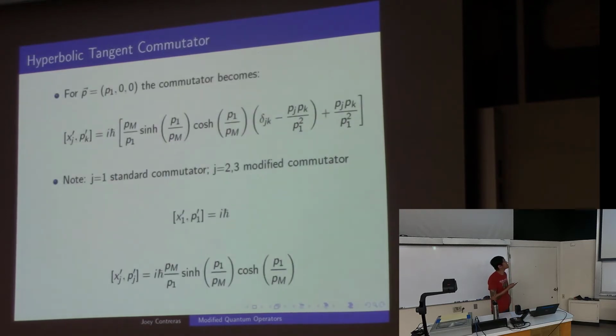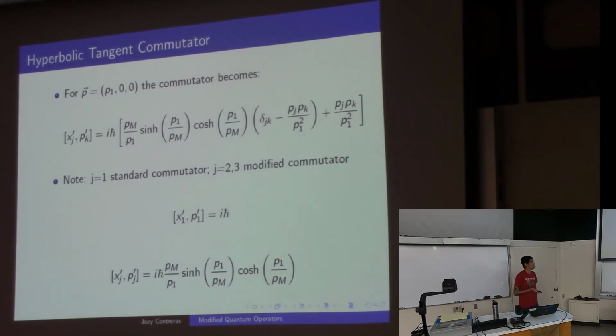So, for hyperbolic tangent, if you'll consider this simplified version of a vector where it just travels in one direction, the commutator we found ends up being this large expression. Now, when the indices are different, all the standard relations are obeyed, it just zeroes out. When they're both equal and both equal to 1, we actually do recover the standard commutation relation, provided it's in the direction of motion.